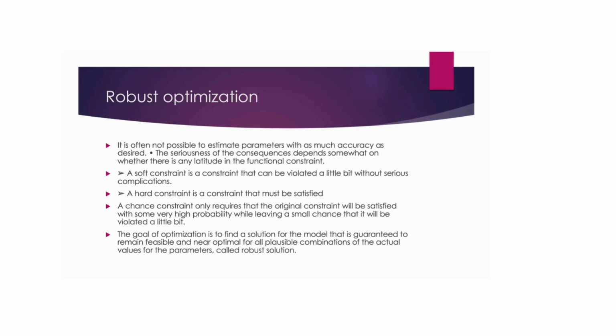First, it is not possible to estimate parameters with as much accuracy as desired. And the seriousness of the consequences depends somewhat on whether there is any latitude in the functional constraint. The latitude we're talking about here is the allowance within which to move. For example, let's say a client gives us a project and we inform him about our lead time.